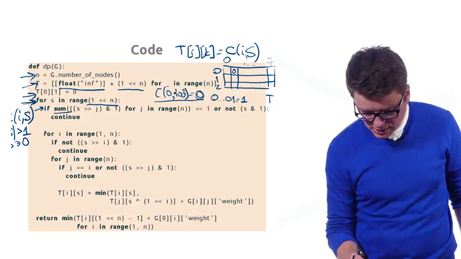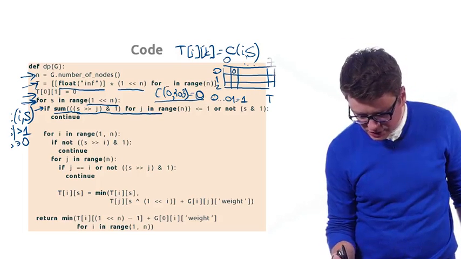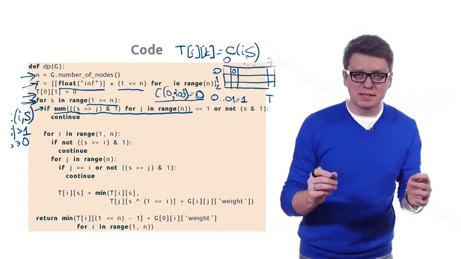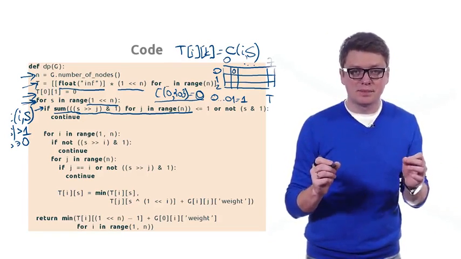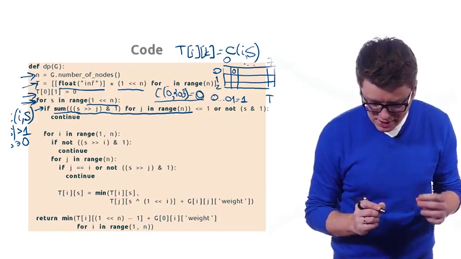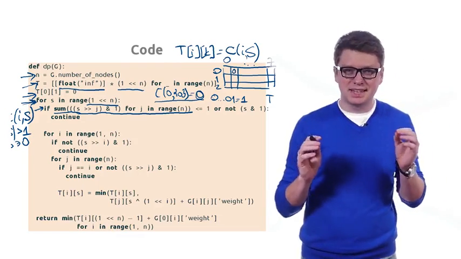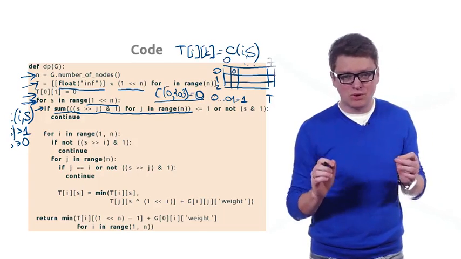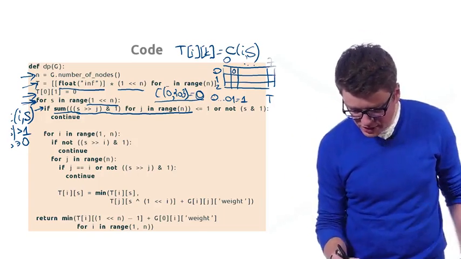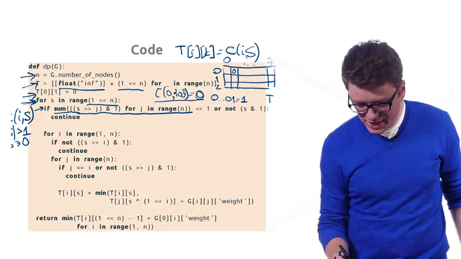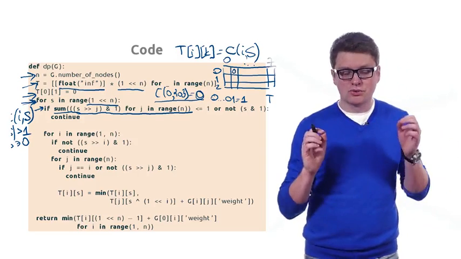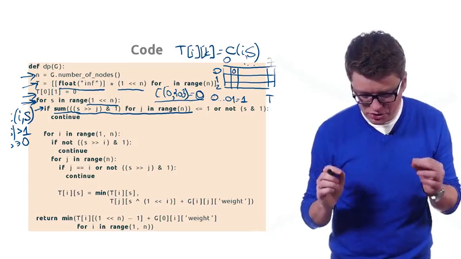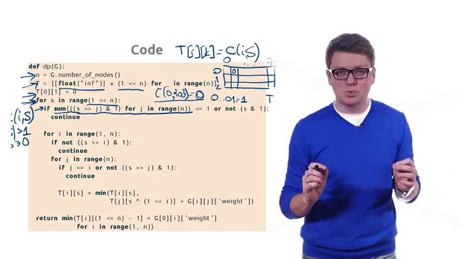This expression computes the sum of all the bits of the number S. We write down S in binary and then again we use these bit tricks in order to compute the sum of all its bits. The variable j here is used to range through all possible bit positions in S. So j ranges from 0 to n minus 1.